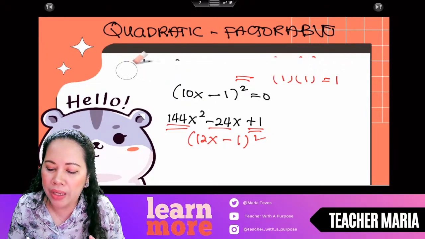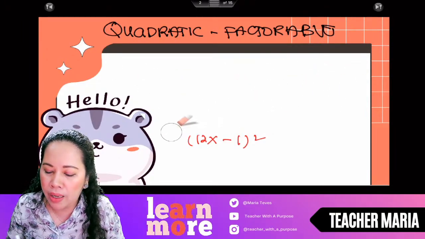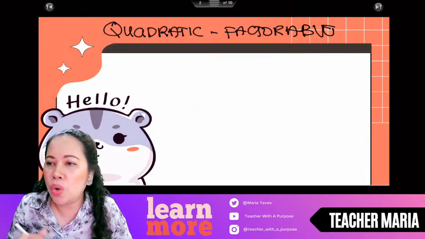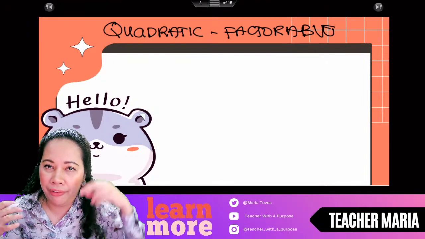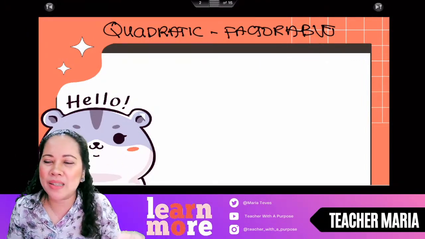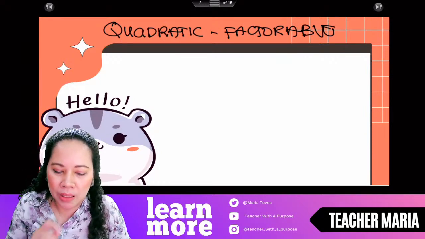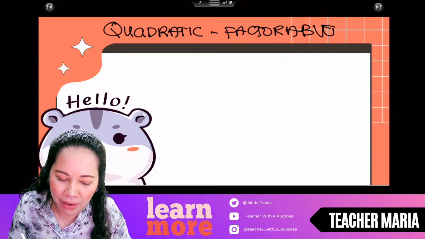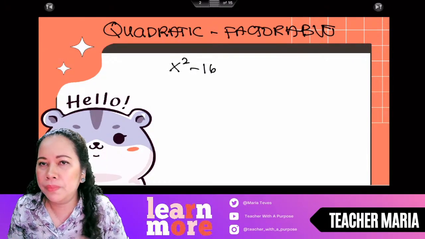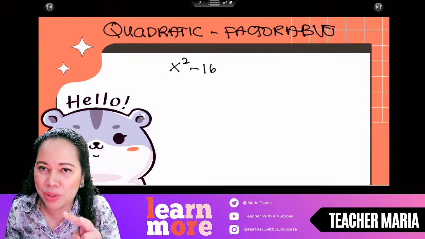The other one that is also a perfect square is the difference of 2 squares. So what is the difference of 2 squares? If you only have 2 terms, the other one will be an x squared, the other one will be a whole number. So, let's say, for example, you have x squared minus 16. This one is a difference of 2 squares.